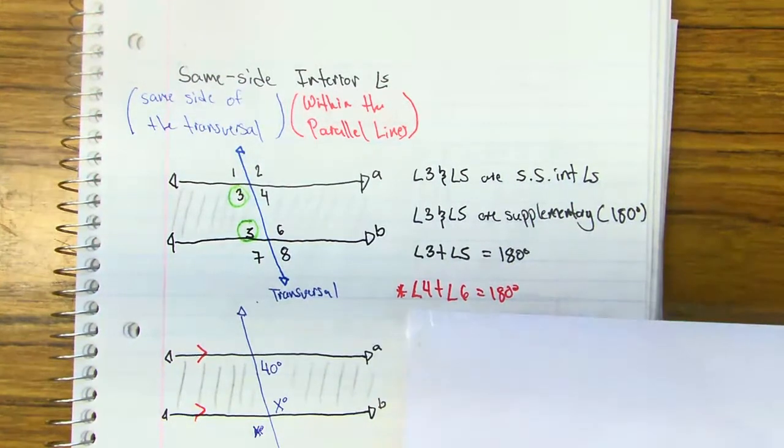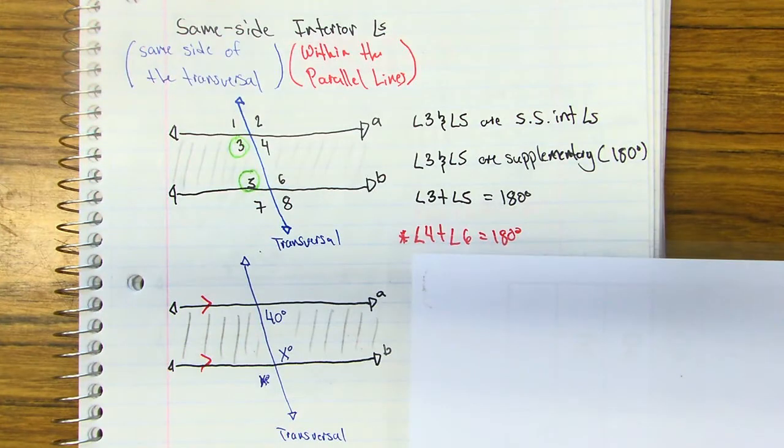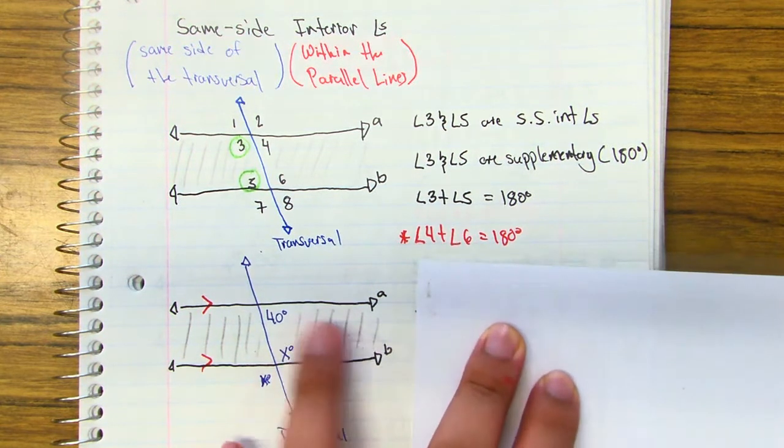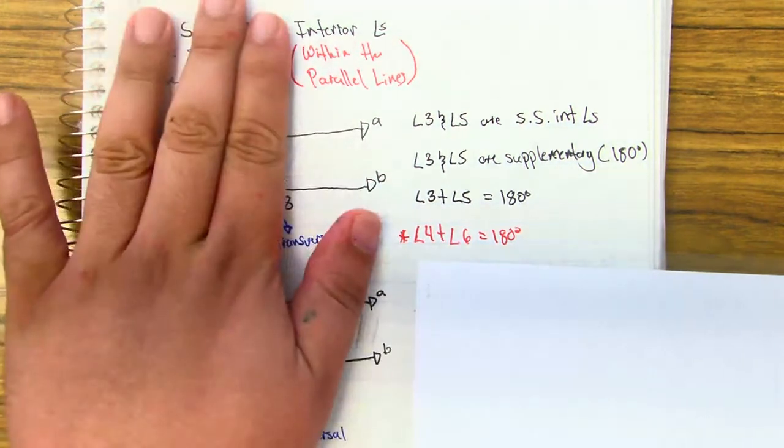Okay, the next one here is: what is the value of x, the degree of x only. If you look at this, they're both on the interior of the parallel lines, so you know that they are interior angles.